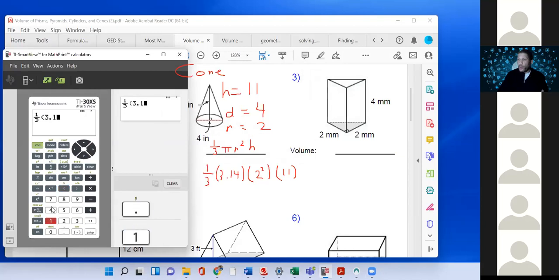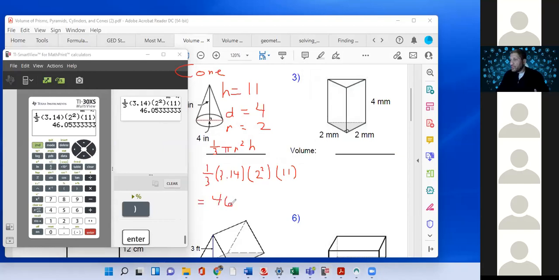Parentheses, 3.14, close your parentheses, 2 squared times 11. Press enter. Our volume is equal to 46.05 inches cubed.